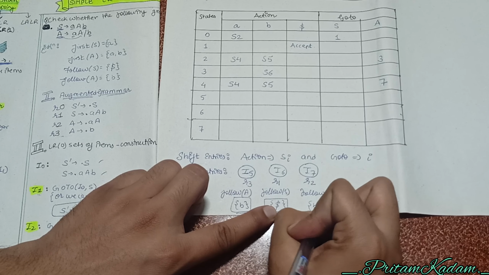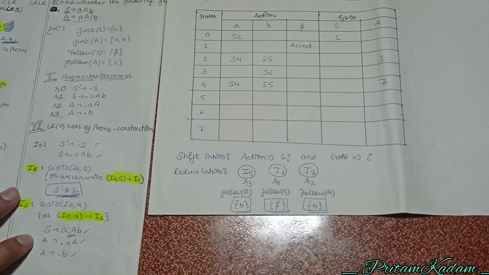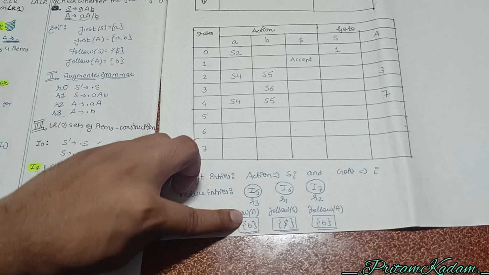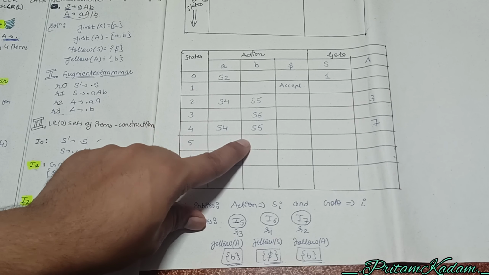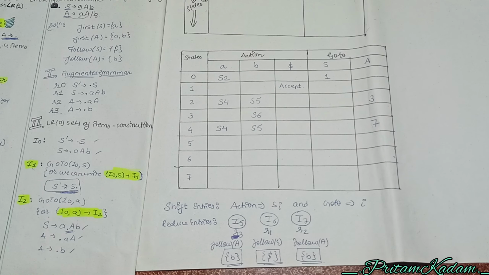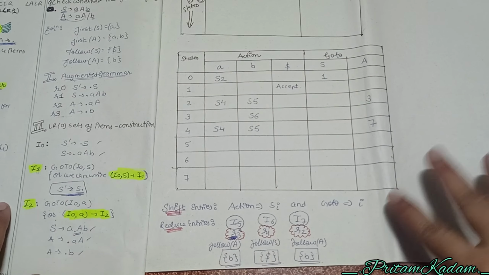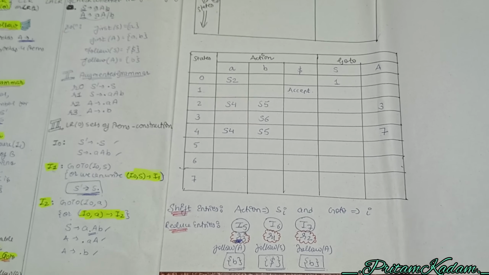Now what I will do is I will write R3 in the I5 and small b cell. Just like this, I will write R1 in the I6 dollar cell and R2 in the I7 b cell.